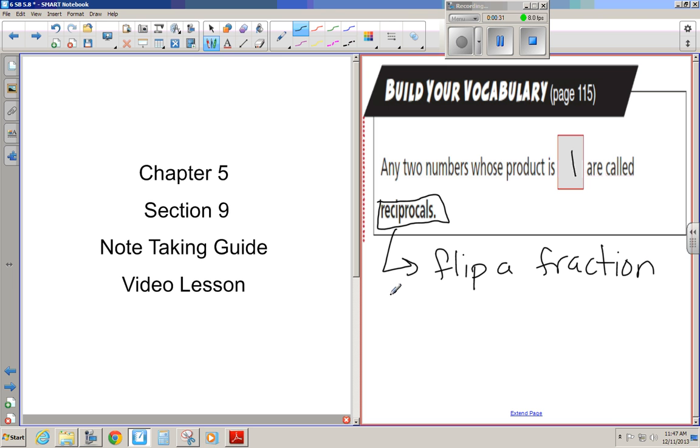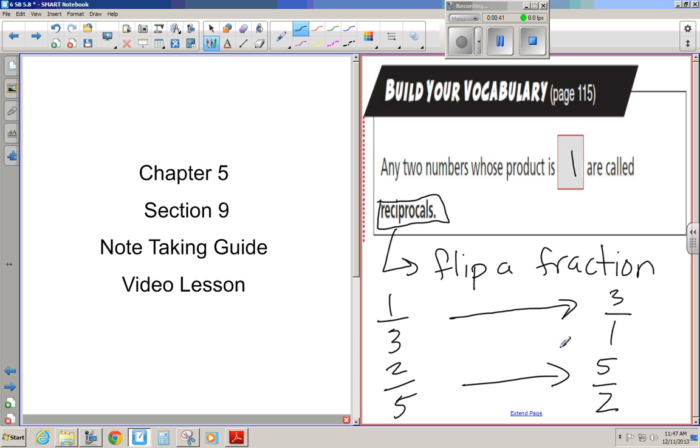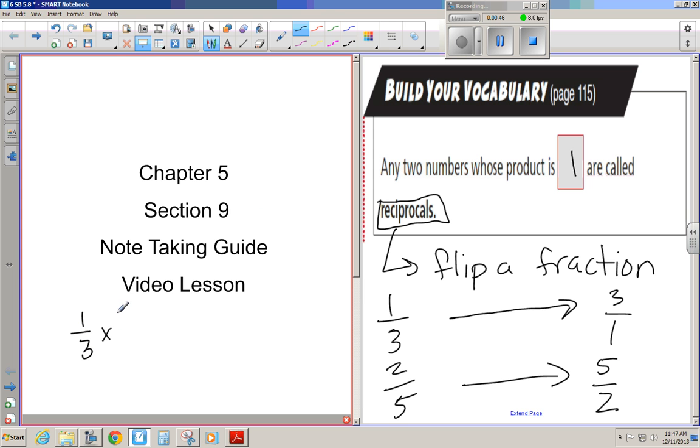So 1/3 flipped is 3/1. 2/5 flipped is 5/2. And by the definition, 1/3 times 3/1 equals 1 times 3 over 3 times 1, which is 3/3, which is 1. So by flipping the fraction over, you're making the product equal to 1.